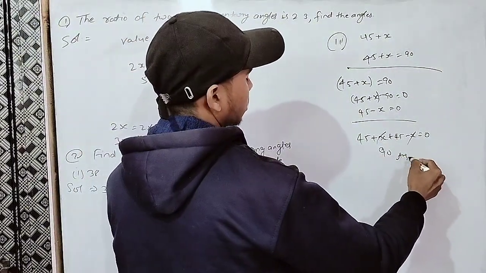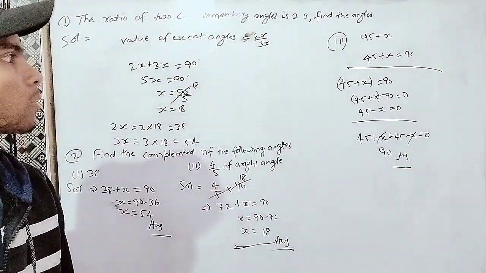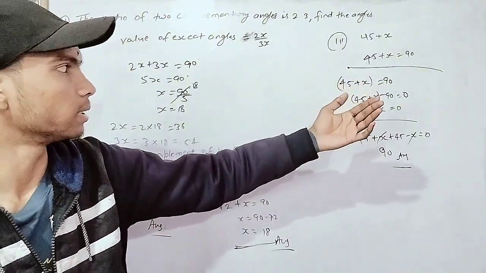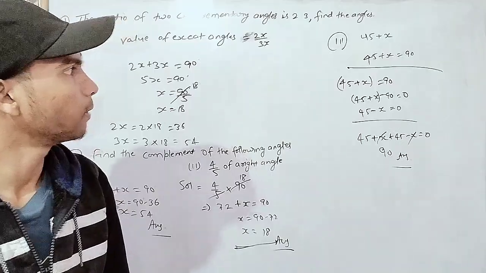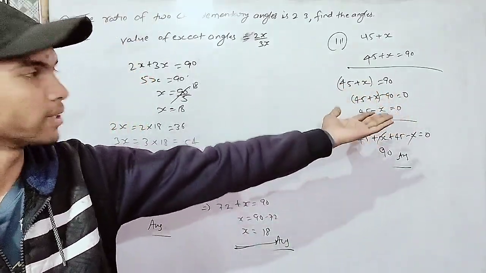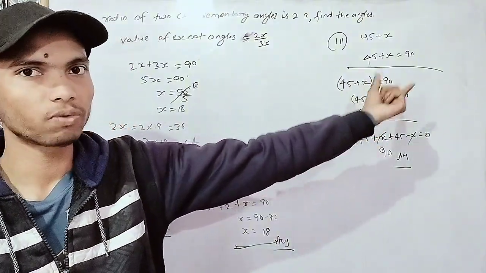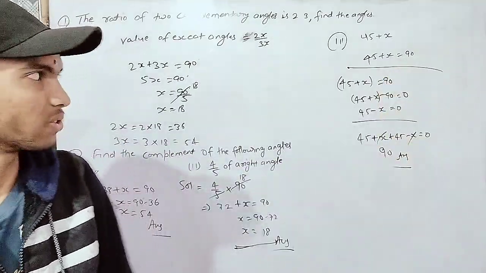This is a proof. We have just put this and we have applied a complement angle, the value of a complementary angle, 90 degree. Then we have the equation. This 45 is with the x, that's why we have written it with the brackets, 45 plus x.